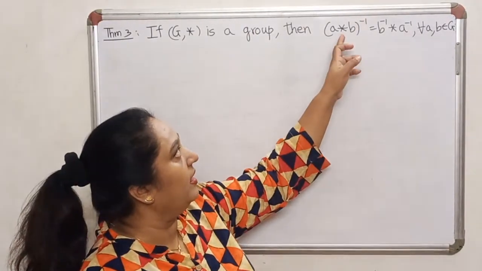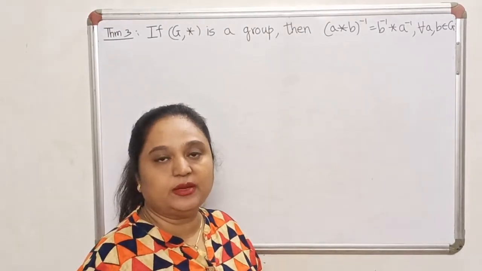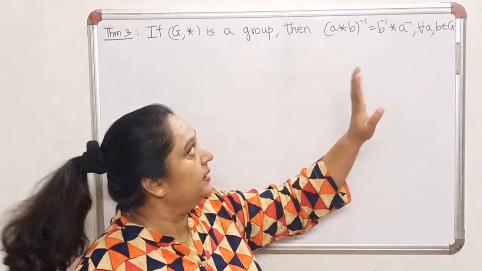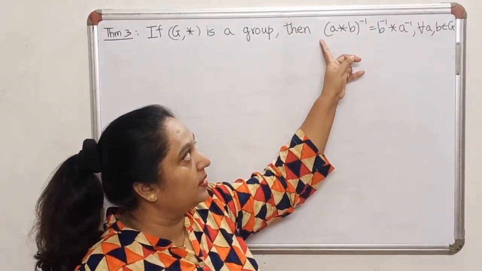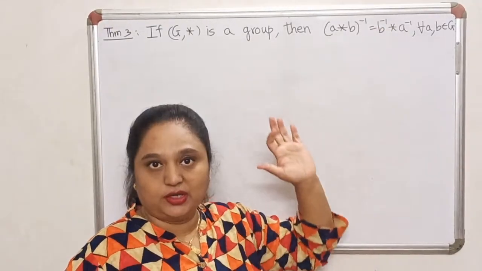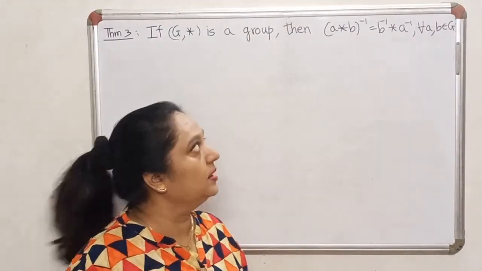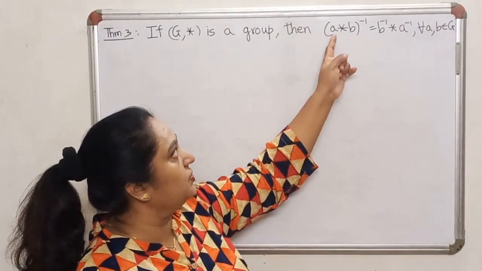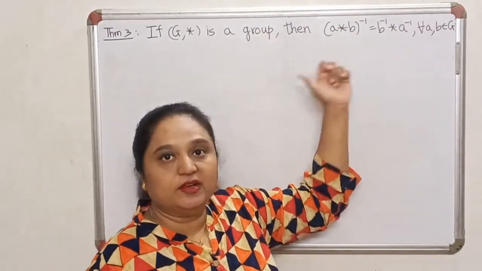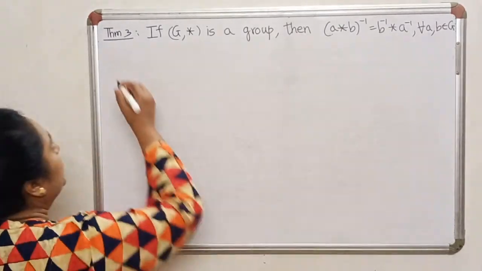So if I call this as product, though actually in examples it may not be the product, then this means inverse of the product is product of the inverses taken in the reverse order. So this is what I wish to prove first.